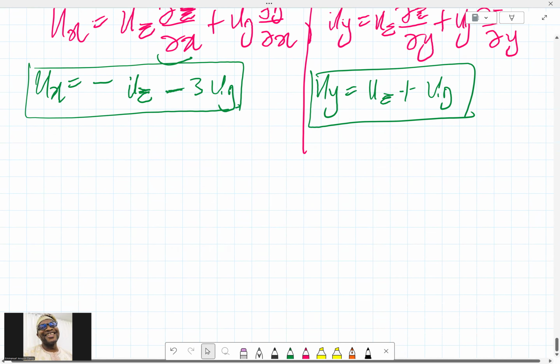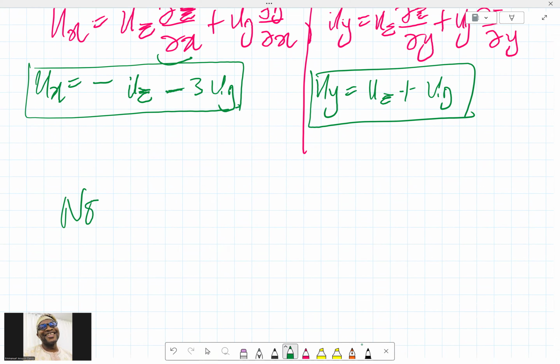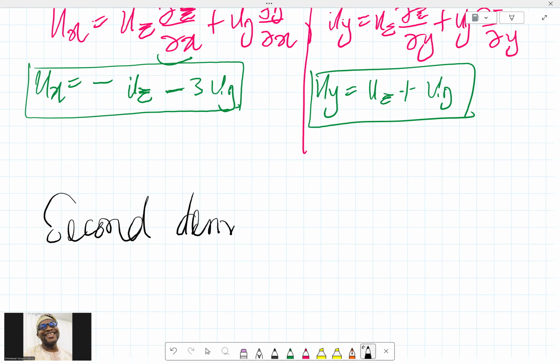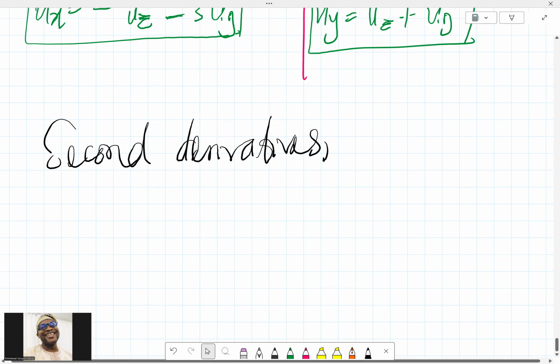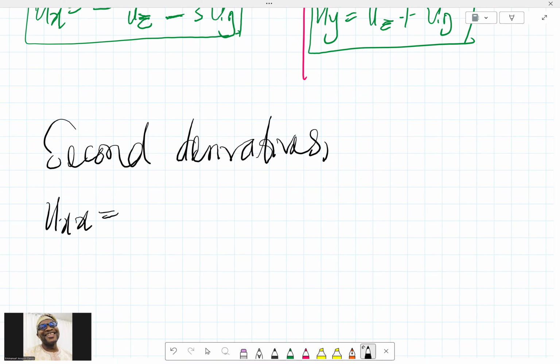Then we go for the second derivatives again. For the second derivatives, we also need to apply the chain rule. So for u xx, we take the u x we had before and differentiate that with respect to x again.